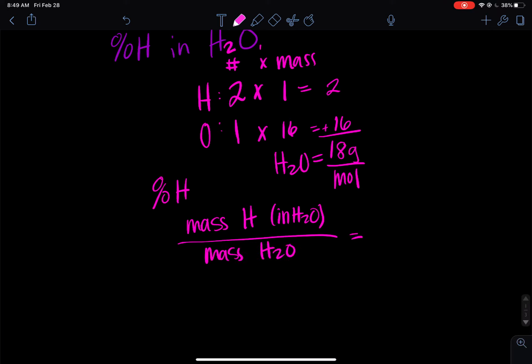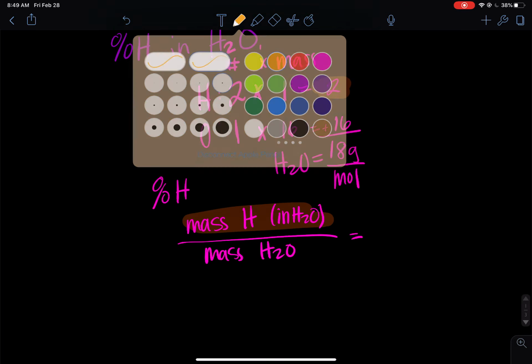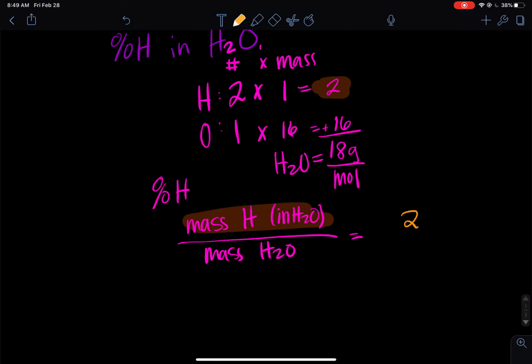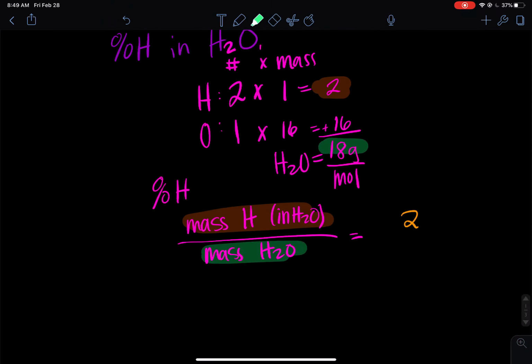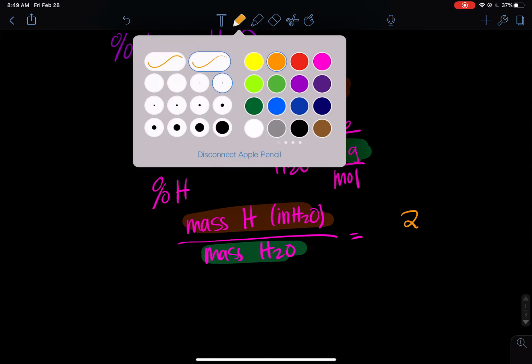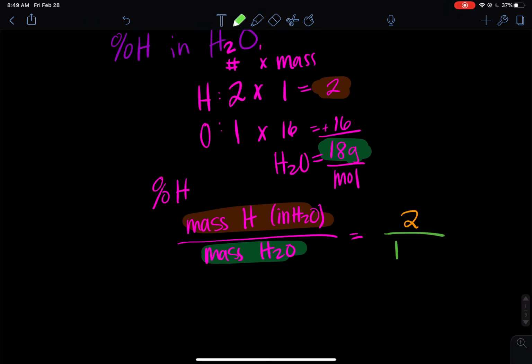The mass of hydrogen in water is this number, this 2. So I'm going to take 2, and divide it by the whole thing, which is the mass of water, which we found to be 18 grams. So it's 2 divided by 18, and that's going to give us 1/9 or 0.111 repeating.